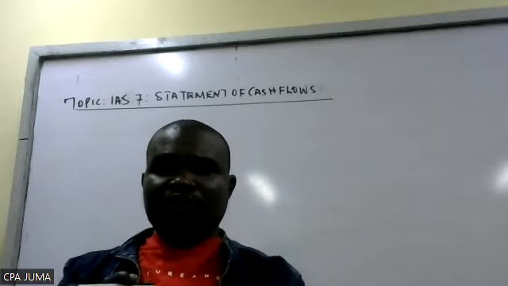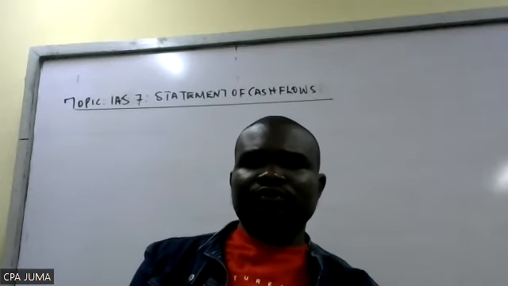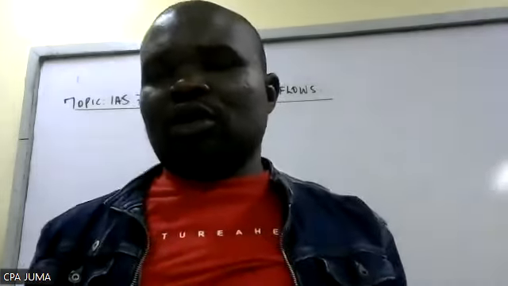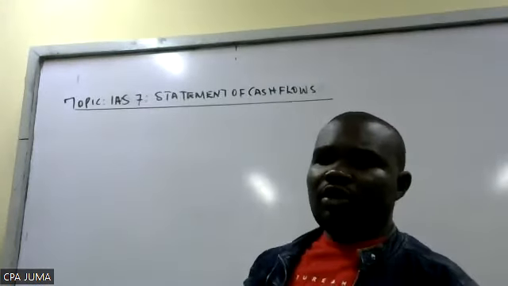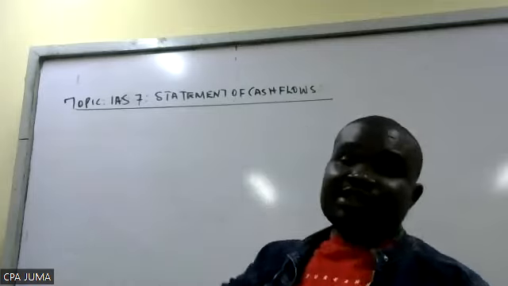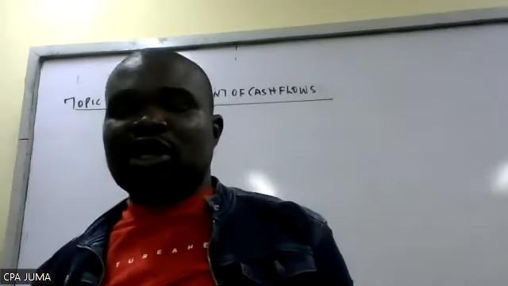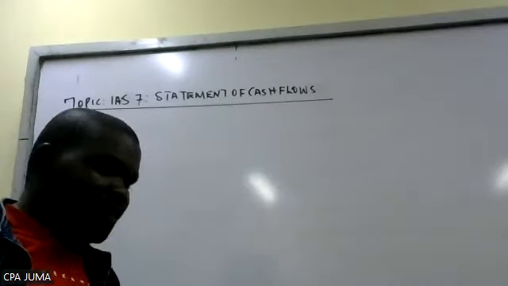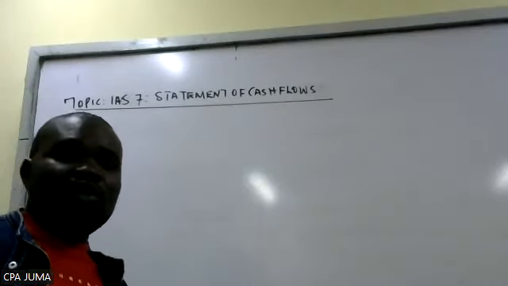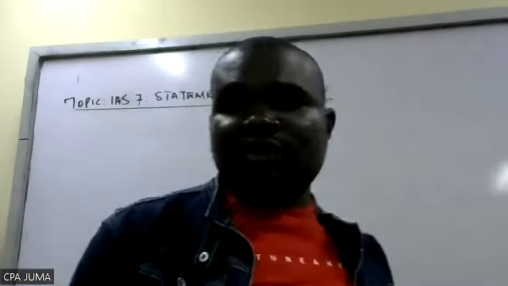So IS number 7, statement of cash flows. We go through the handout together. There is the handout I've shared in the group on IS number 7, statement of cash flows. So I want us to go through that handout, then we can check the related questions for cash flow.